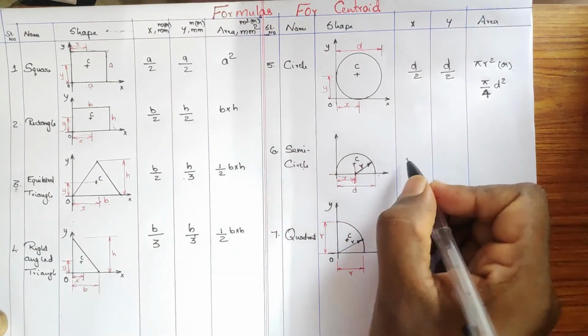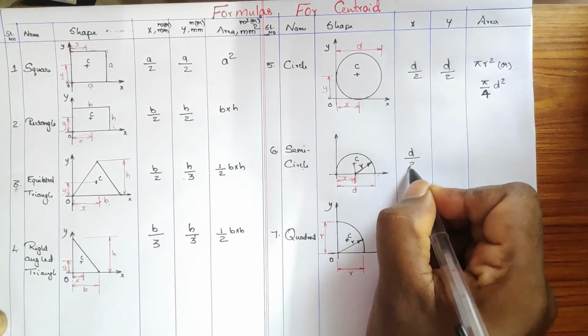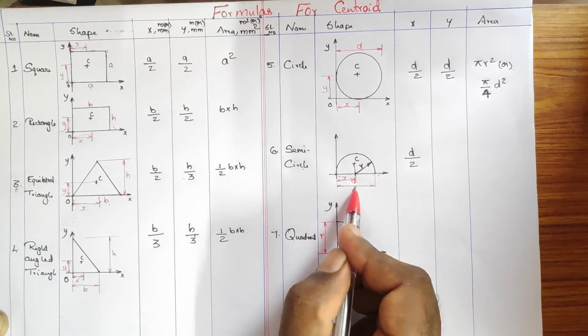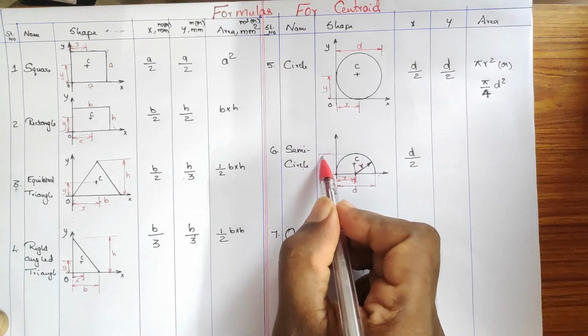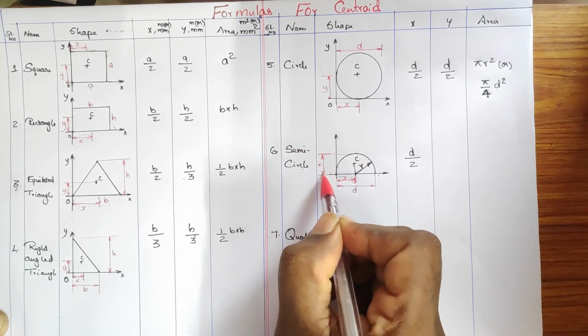So in order to specify the c in the x direction, the formula is d divided by 2, half the diameter. And in the y direction, the measurement is the radius.